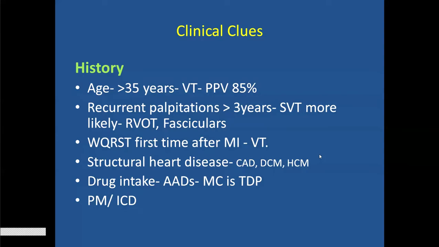There are examples where patients are on tricyclic antidepressants, which can prolong the QRS interval, and SVTs can appear like a VT, so the drug intake history is very important, and during investigations we need to look into the drug levels, etc. A patient who is already on an ICD or a pacemaker, it will help us a lot in determining the etiology, as I will show in future slides.